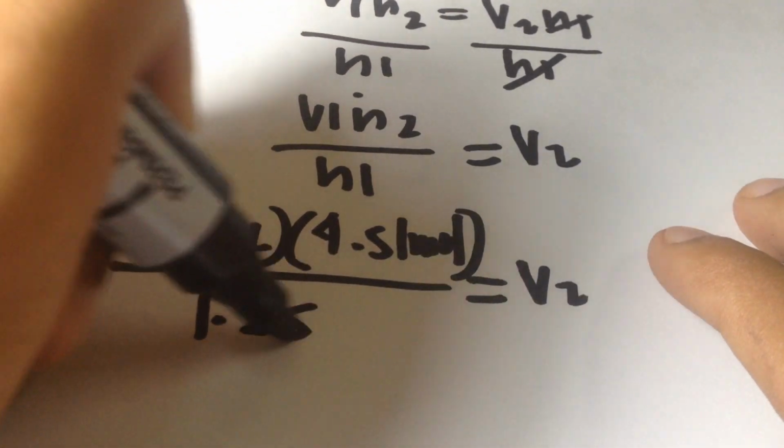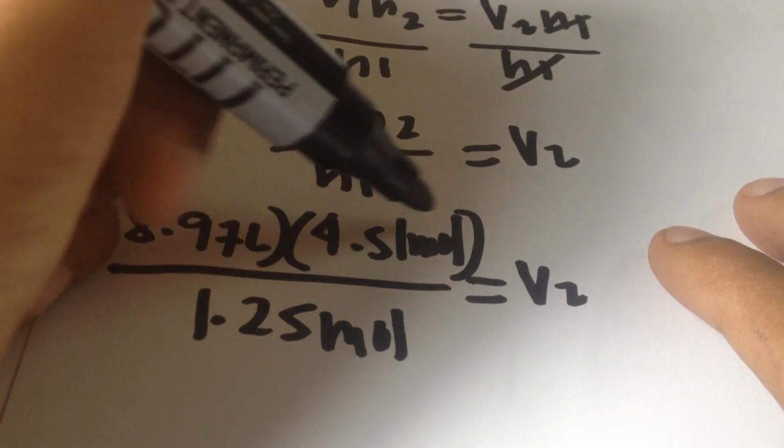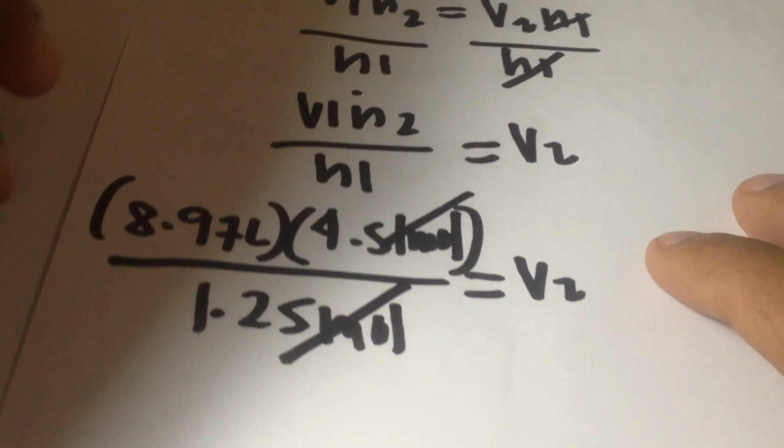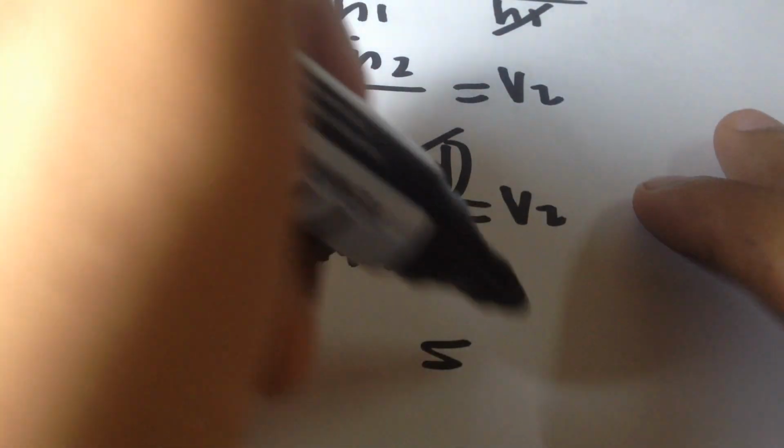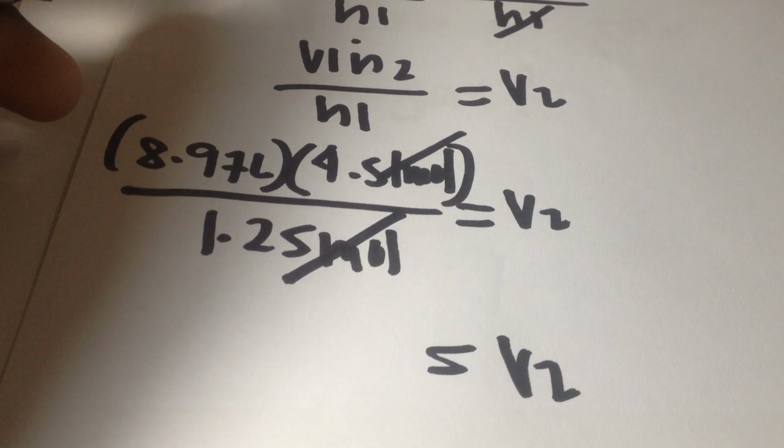So you need to cancel out the moles, and what is left is liters. So that equals volume 2.